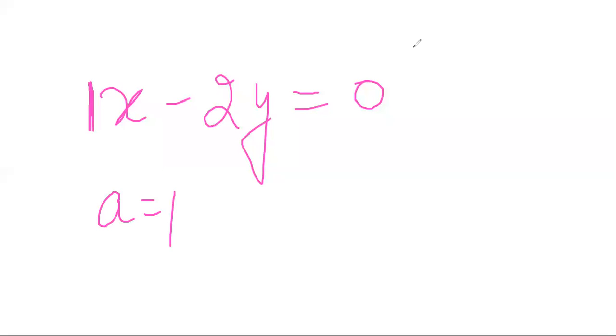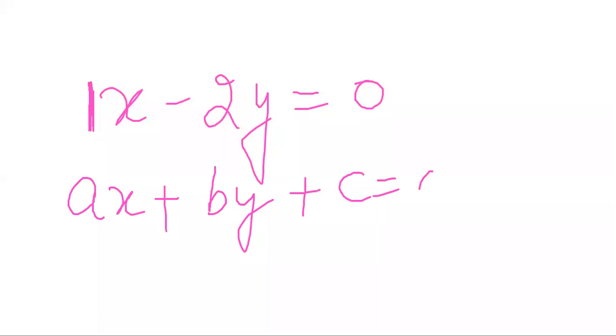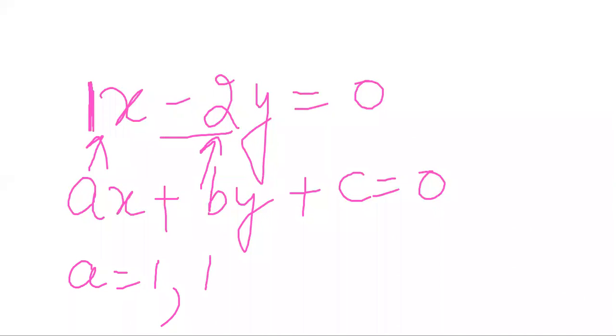If we compare with ax plus by plus c equal to 0, अगर हम इससे कंपेयर करते हैं तो a क्या हो गया 1, b क्या हो गया -2, because there is plus in the standard form, so that means b is -2, c is not here, separate constant term नहीं है हमारे पास, तो c will be 0 here, right?